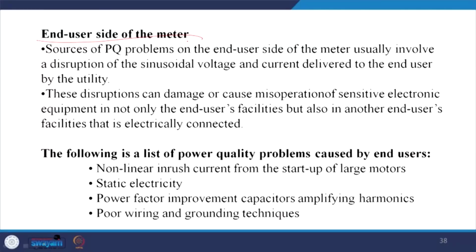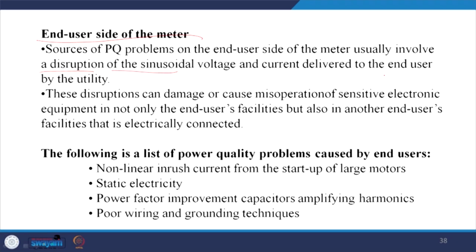And the end user side of the meter, what does it do? Sources of the PQ problem, on the other hand, on the end user side of the meter usually involve a distortion or disruption of the sinusoidal voltage and current delivered by the utility.